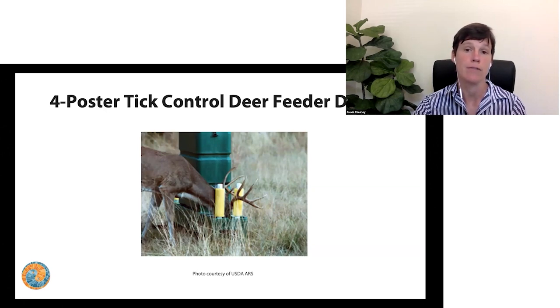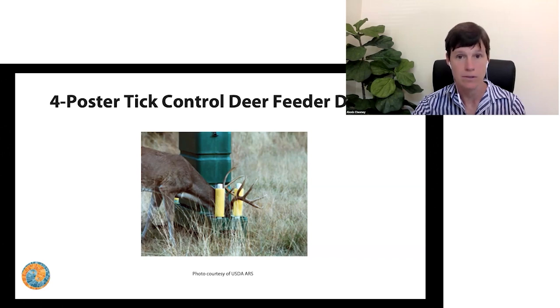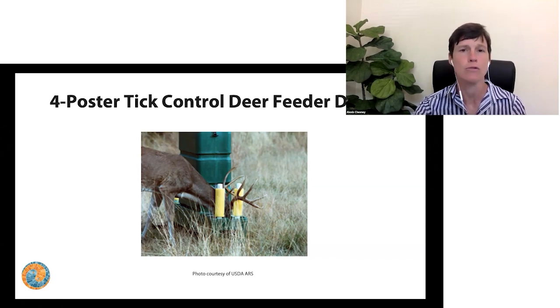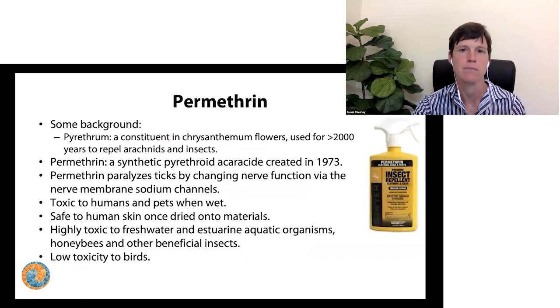We can use it in a lot of different ways, and there's a lot of conversation about the safety of that. But it seems pretty good for this idea of decreasing ticks on deer, which therefore can have the impact of killing adults before they lay those eggs, right? So that we prevent a whole new generation of ticks.